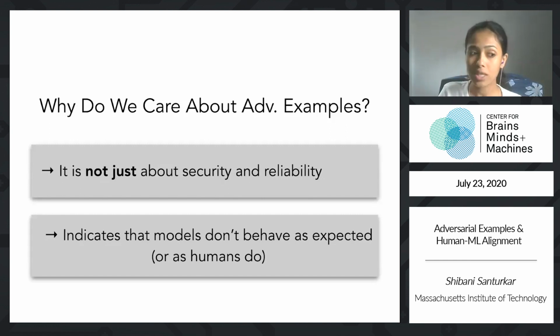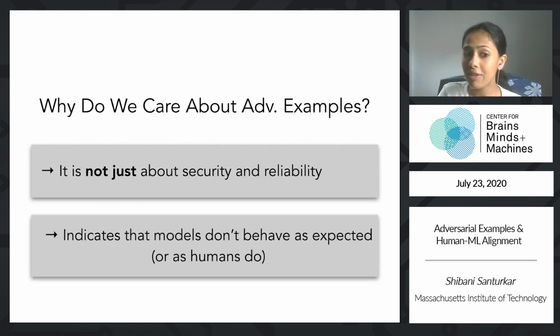When I showed you this image of the pig, the perturbed pig looked exactly identical to me as the original pig. Still, for some reason, the model thinks these are vastly different things. And that indicates some kind of dissonance between how we make predictions, or how we classify things, and how the machine learning model is doing it.